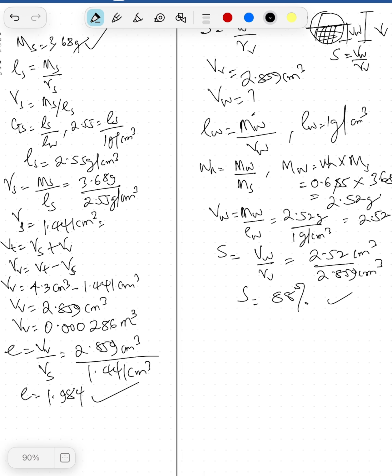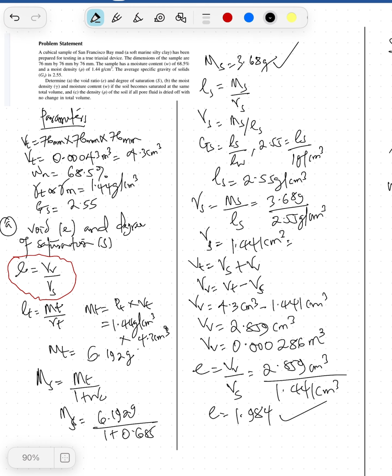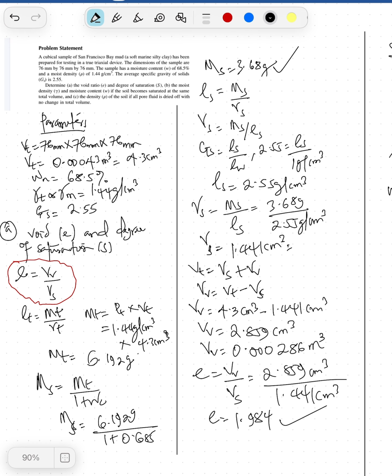This is a little bit complicated, coming from the first principle. We obtained this using the first principle, but without stressing ourselves, for example during the FE exam or the PE exam, we don't really have much time.